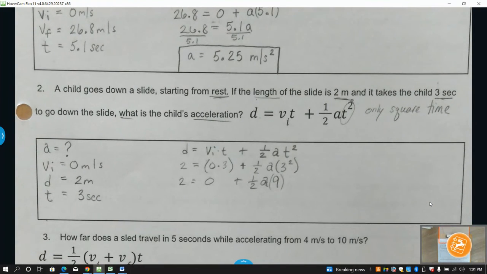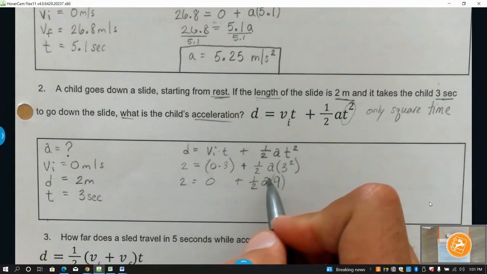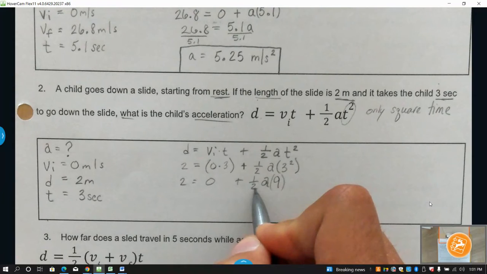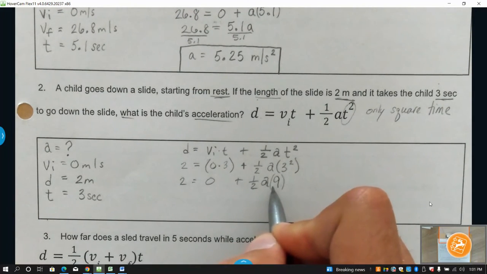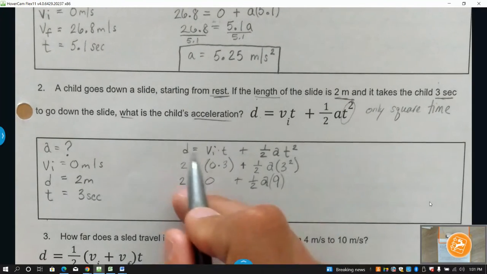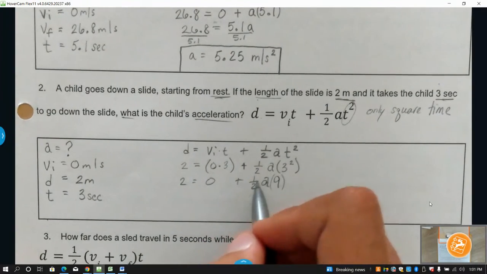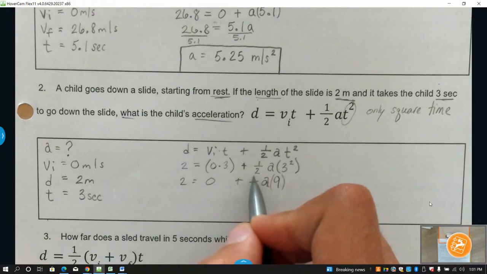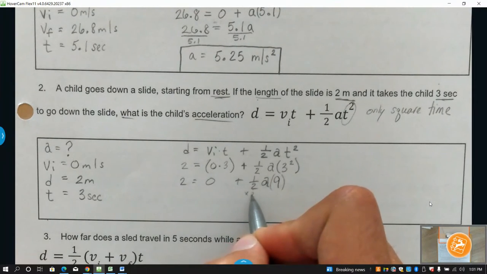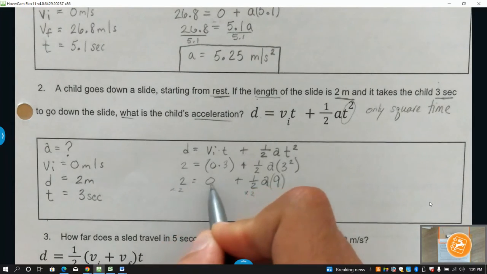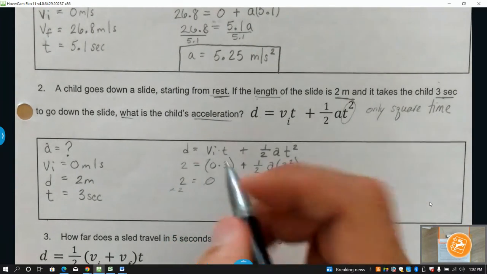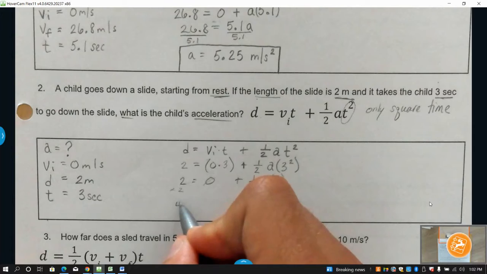So there can be 2 ways at which you do this. You can basically just take 1/2 of whatever the time is, which is 4.5. So you'd have 4.5A is equal to 2. Or, to get rid of this 1/2, you can multiply both sides by 2. The 0 doesn't do anything because it's 0. And then this would become a 4.